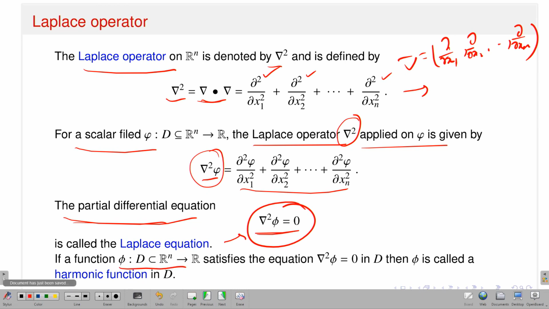If a function phi, which is a scalar field from some domain D subset of Rn to R, satisfies the Laplace equation, that means if del square of phi is equal to 0, then I will say that this phi is called a harmonic function.